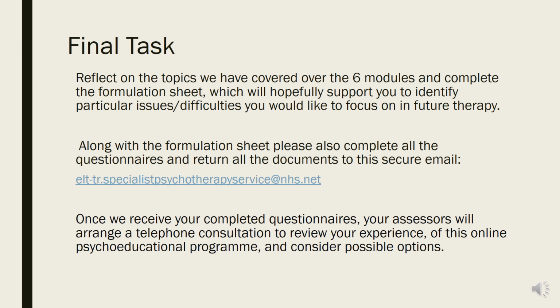consultation to have a think about if the material resonated with you, if any of it really made you think that this is an area you want to focus on. And then they will consider the various therapeutic options we have either in our services or in other services, but we'll try and think with you together about how best to move forward.